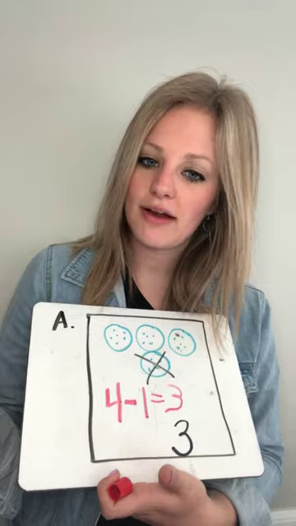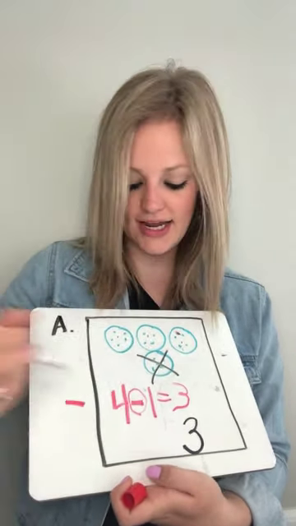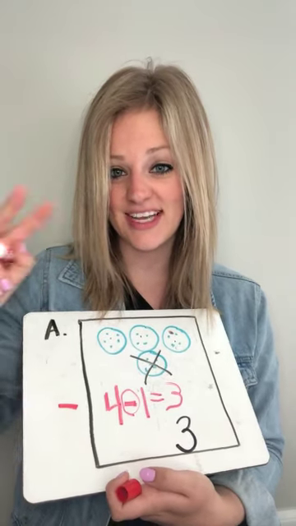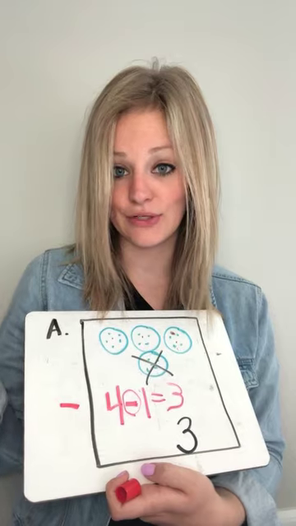So if you wanted to write out the problem, this would be your subtraction sign. It kind of looks like the equal sign, but the equal sign has 2 lines. So it's 4 minus 1 equals 3. You don't have to write that out because this is something new, but I thought it would be fun for some of you to see it because I know that some of you like subtraction.